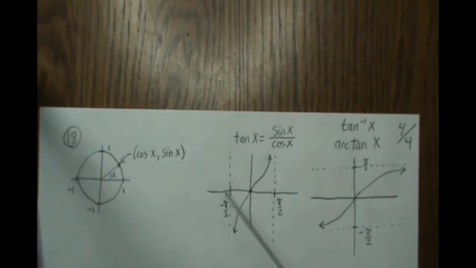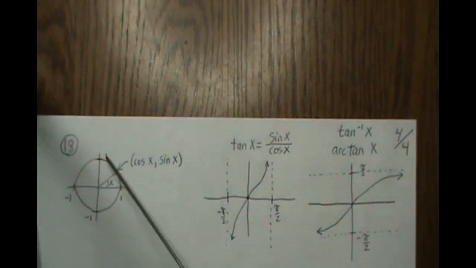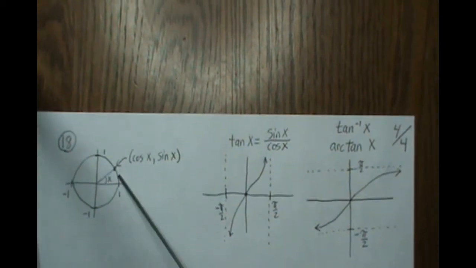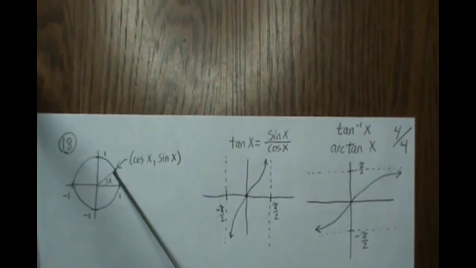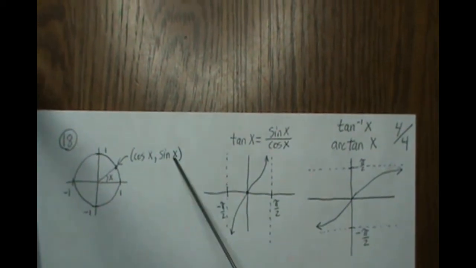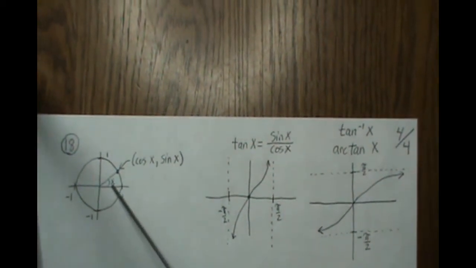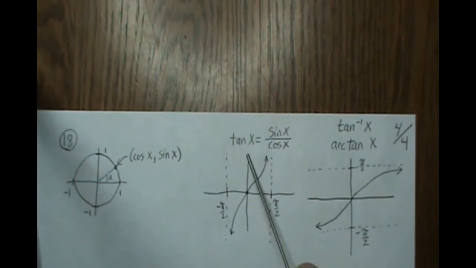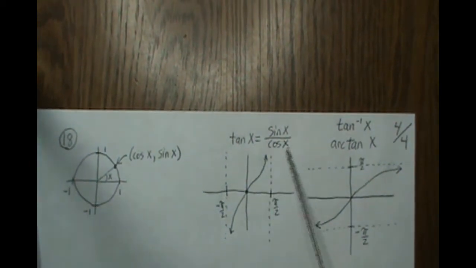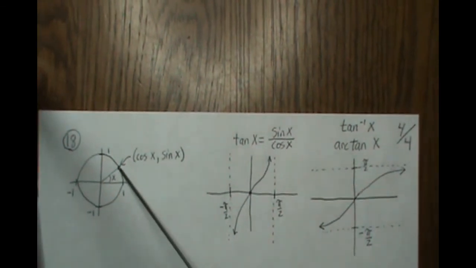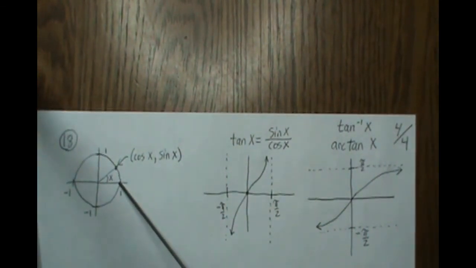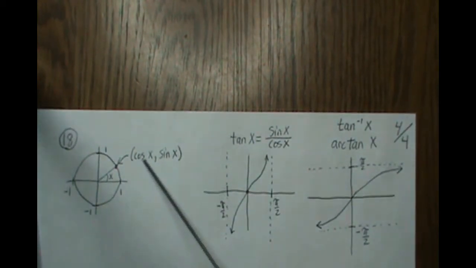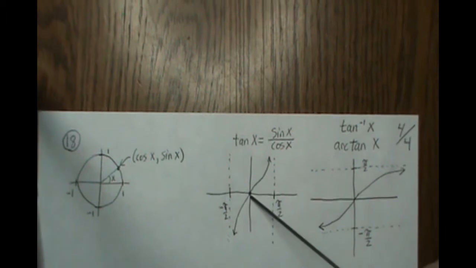Now this is pre-work. If this is a unit circle, then every point on this unit circle can be considered cosine of x, sine of x, where x is the angle between the axes. To find the graph of the tangent of x, which is this ratio, you can think about it. When the point comes down here, x is 0, so this is 1 and that's 0, so the ratio is 0.